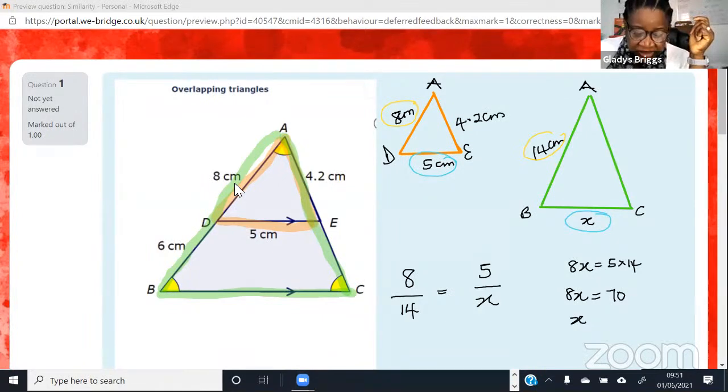Yeah, 70 divided by 8 is 8.75. So you got x now, you got x to be 8.75 centimeter. Now you need to find the other lengths.